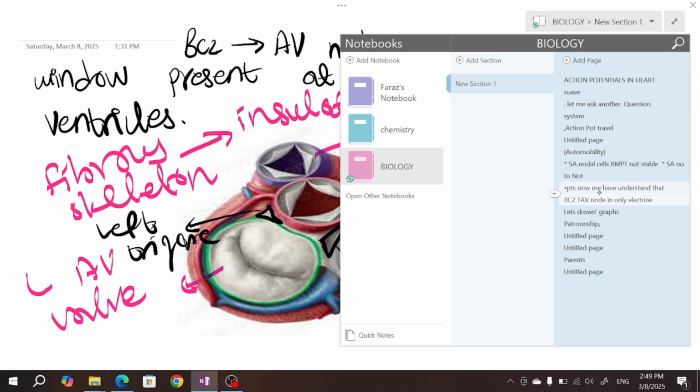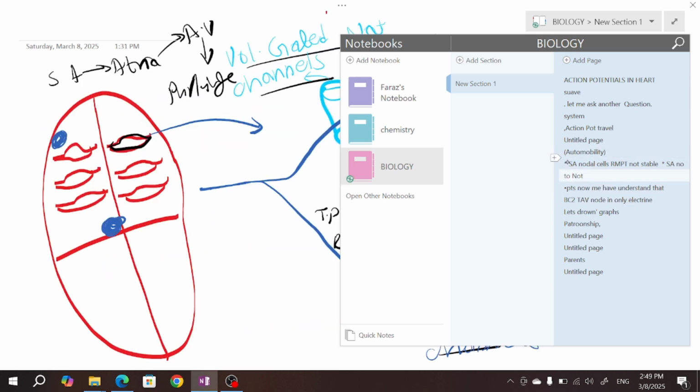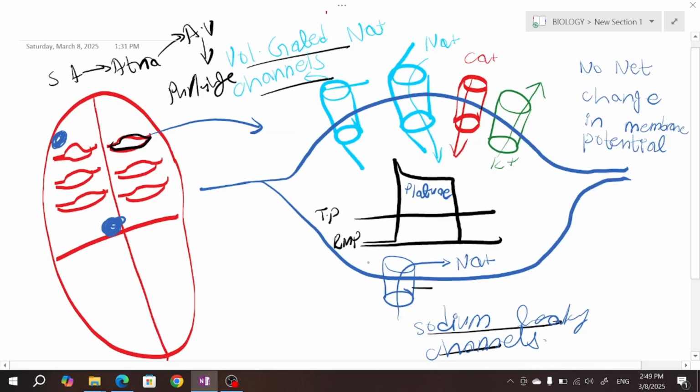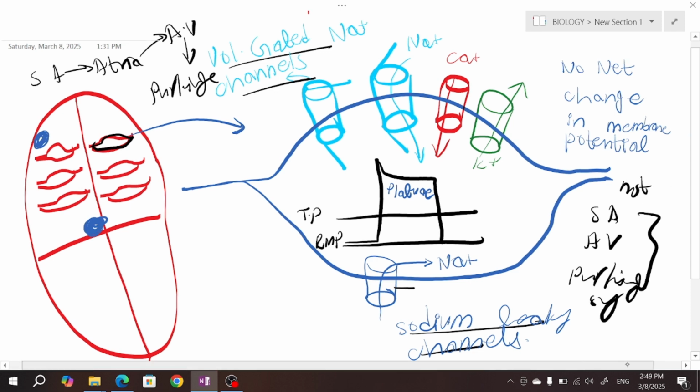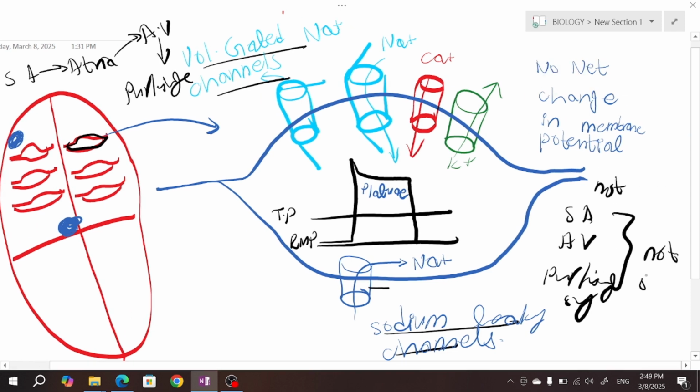Okay, now suppose, we know that SA node, AV node and Purkinje system resting membrane potentials are not stable. Their resting membrane potential is not stable.